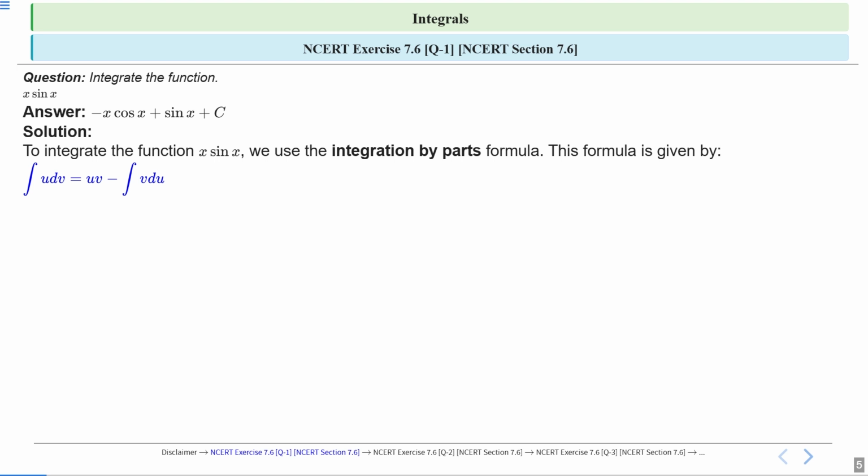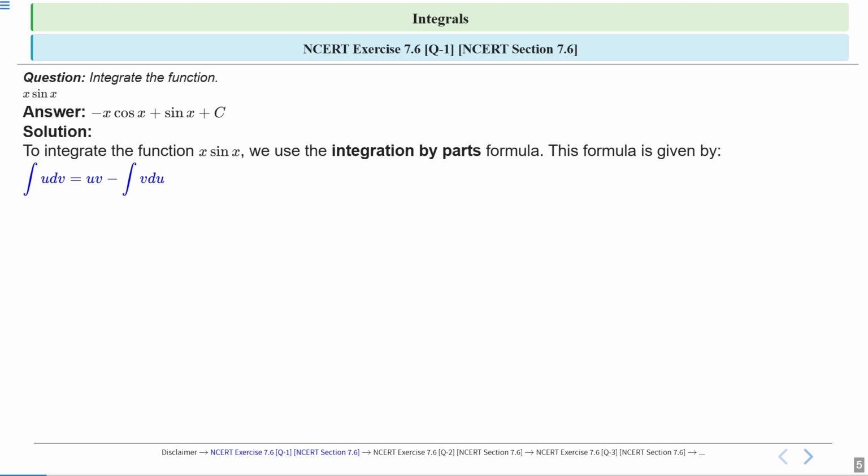In the last class we read the formula as integration of f(x) dx is equal to f(x) into integration of g(x) minus integration of the differentiation of f(x) into integration of g(x). But here it is written as integration of u dv equal to uv minus integration of v du.